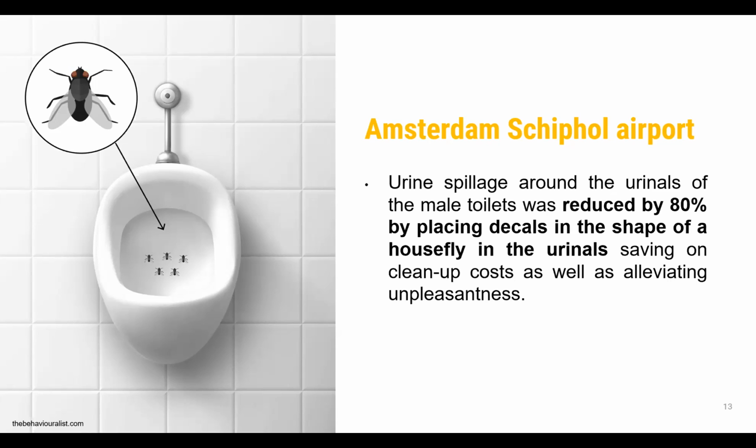So the team applied some small decals in the shape of the generally disliked house fly in some of the urinals, and found that the urine spillage around the toilet was cut by 80%, presumably because men cannot help but take aim at the housefly, saving on cleanup costs as well as alleviating unpleasantness.